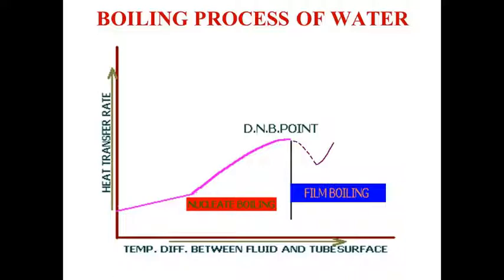Sometimes it is also referred to as the DNB point, beyond which the steam bubbles which formed like nuclei collect together and form a steam blanket, and gradually that starts the film boiling.